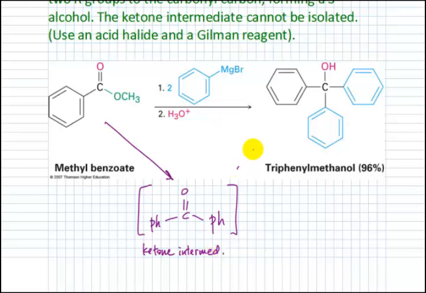And then the other equivalent of Grignard reagent followed by acidic workup will give us a tertiary alcohol as a product.